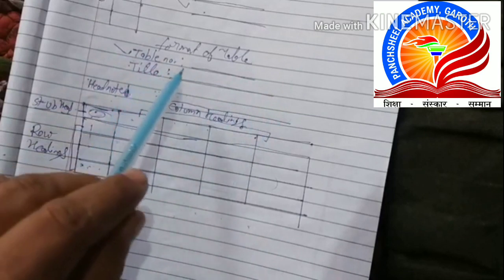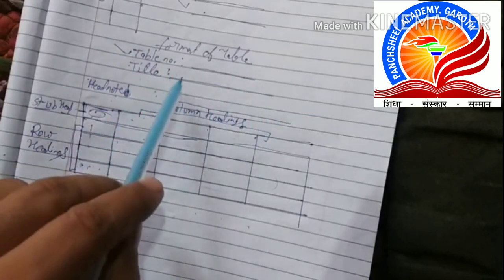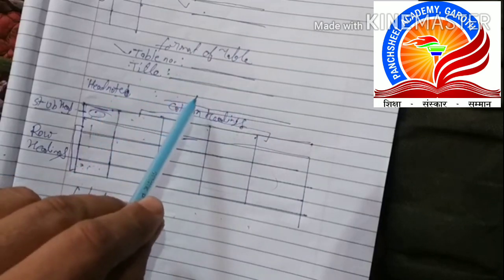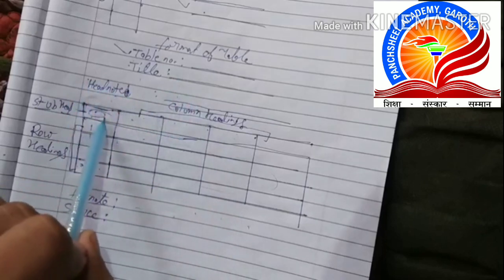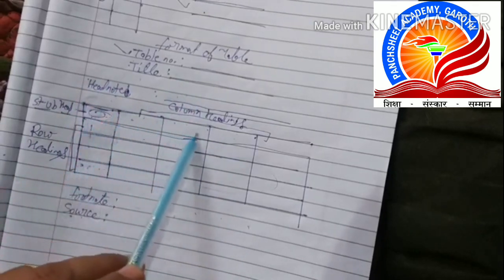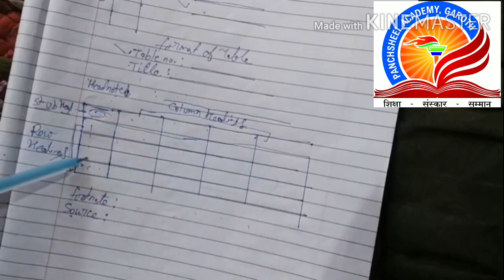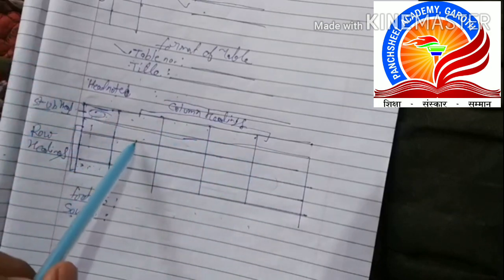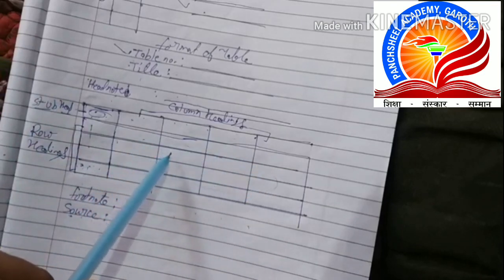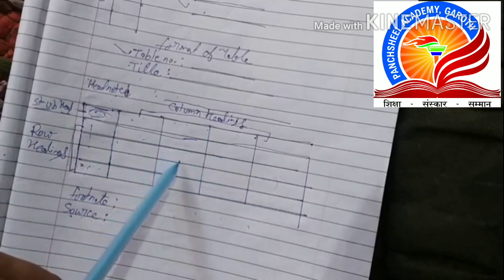Then the title, for what the information has been collected. Then the head note, the related information to the title, then stub head which comes here, then the column headings, the row headings, and the data which is written here is called the body of the table.